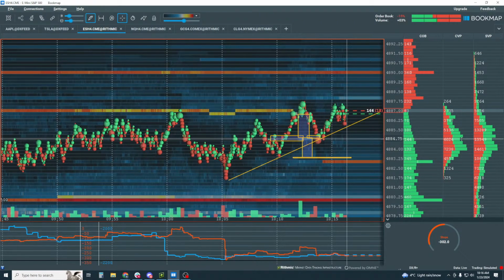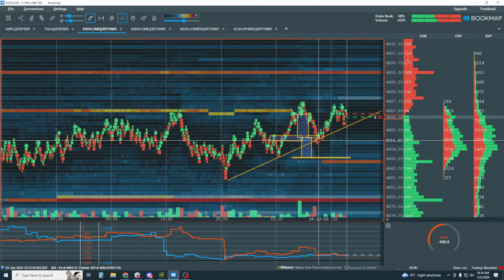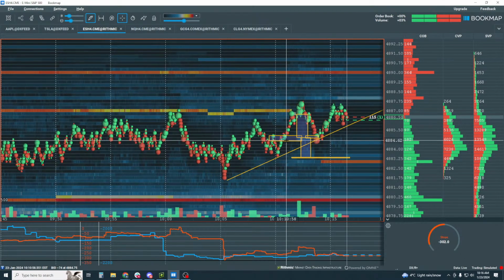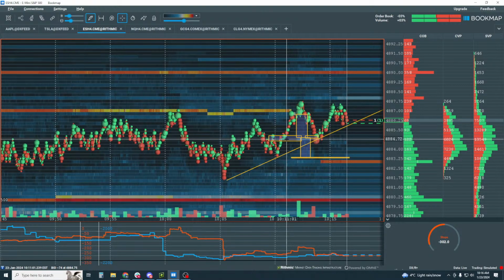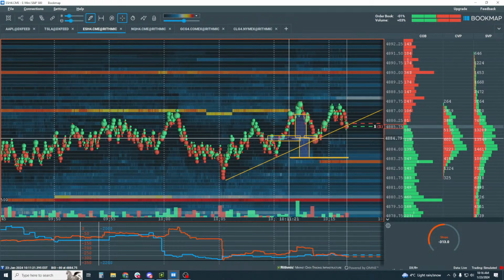The reason being is, look at your profile here. Okay, look at it. I drew a trend line in here now too. So getting a test back into the middle of the range in here, it can happen, and it might be likely.